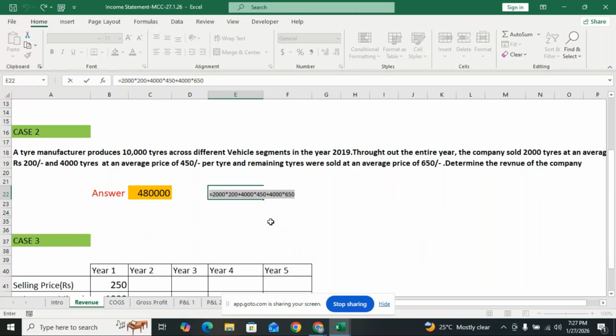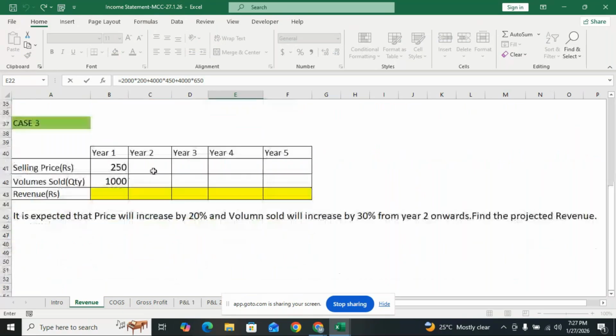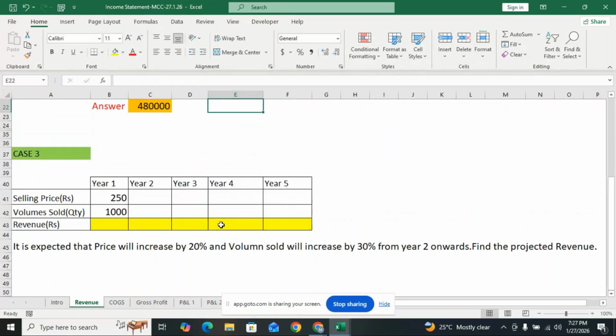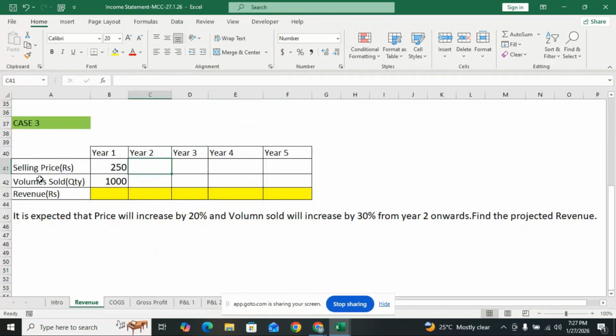Now after this, we go for the case 3. Case 3, what it says. For year 1, the selling price has been given, and the total quantity sold also is being given. You have to compute the total revenue generated. After that, your working starts for year 2, year 3, year 4 and year 5.